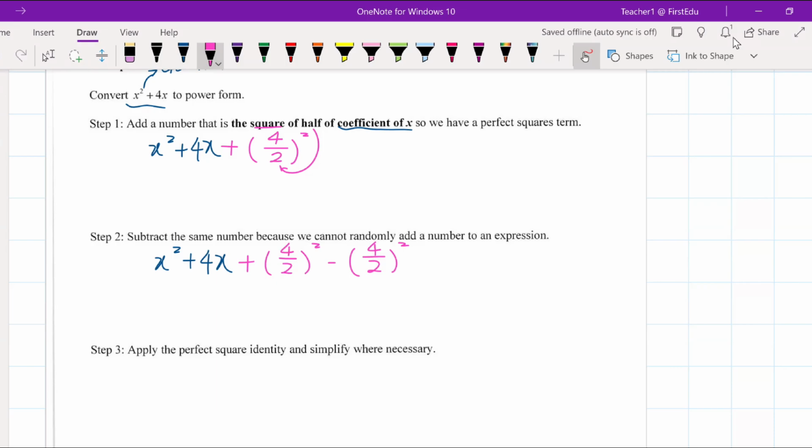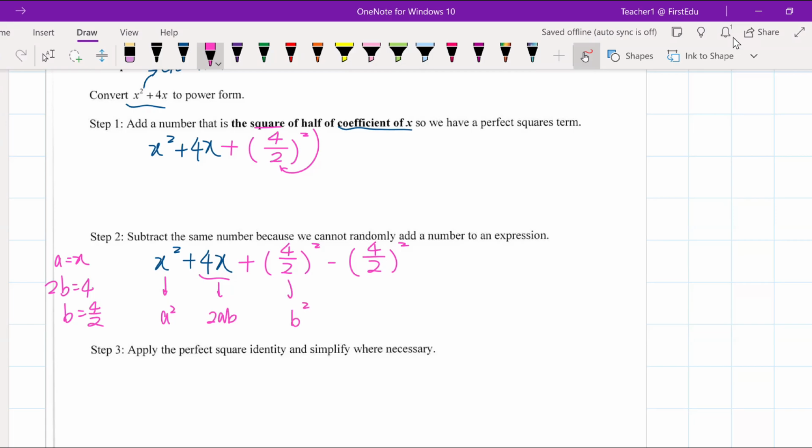Number 3, apply the perfect square identity. This should be your a squared, so you know a is x. This should be your 2ab. Knowing that a is x, 2b is equal to 4, b is equal to 4 over 2, so this is your b squared.